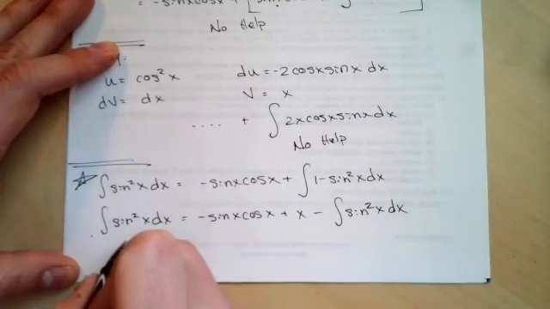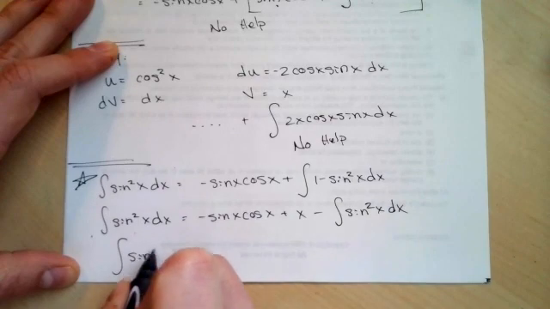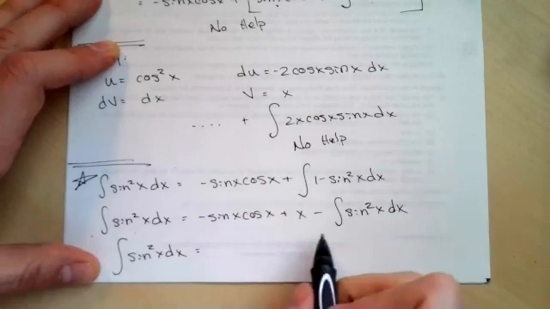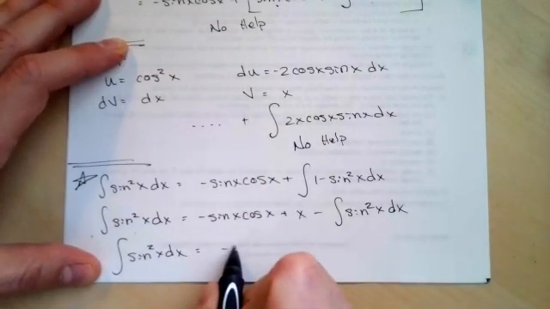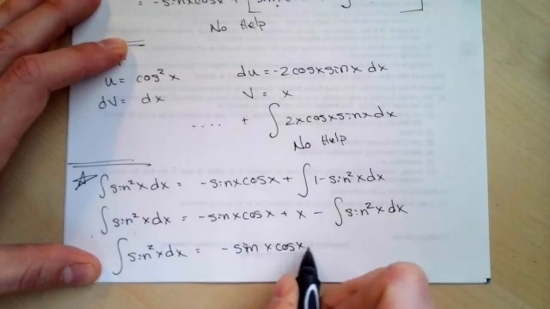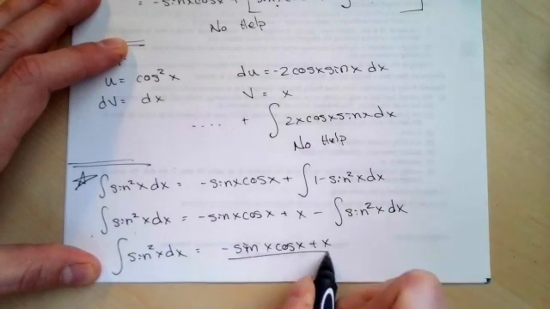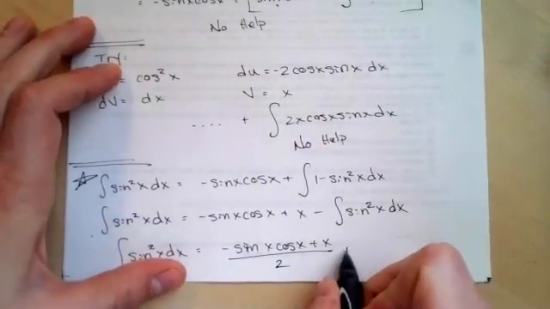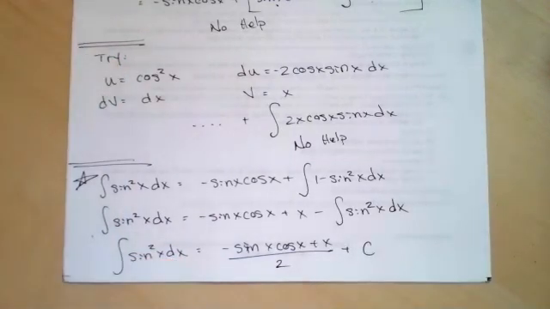So ultimately we will get the integral of sine squared x dx is equal to minus sine x cosine x plus x, all over 2. And we should say plus a constant. So this is how we deal with even powers.